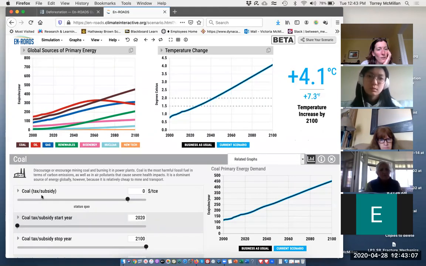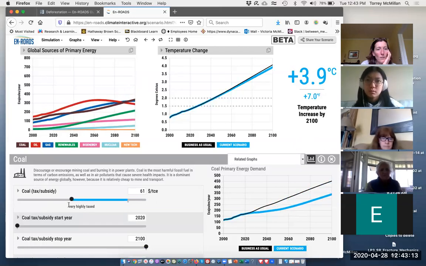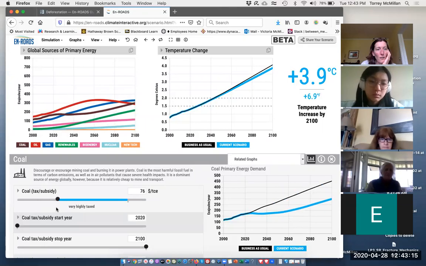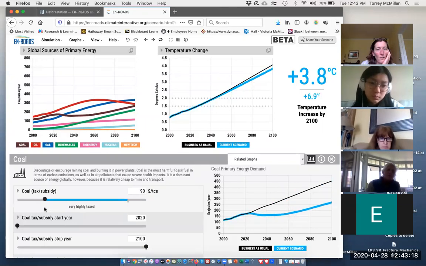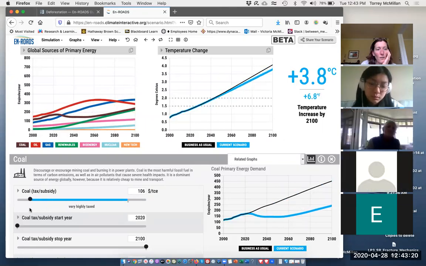Interesting. If we tax it, yeah, we tax it a lot, you get something.